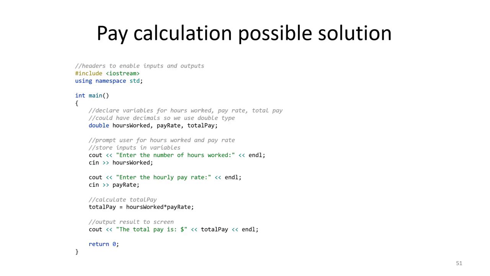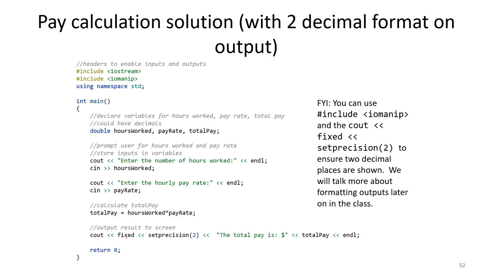For example, one thing you might notice about this code is that if you have a very large number, you'll get multiple decimal places. And so a recommended fix is to use this: include iomanip and cout fixed setprecision 2. What this will do is ensure that 2 decimal places are shown.